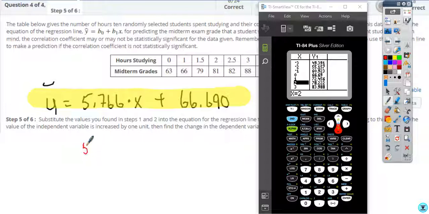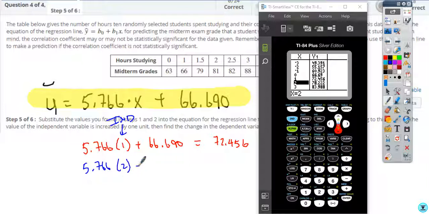so we get 5.766 times 1 plus 66.690. We plug that in and we get 72.456. We take that equation, we increase the independent variable by 1, so this is 5.766 times 2 plus 66.690, and that comes out to be 78.222.